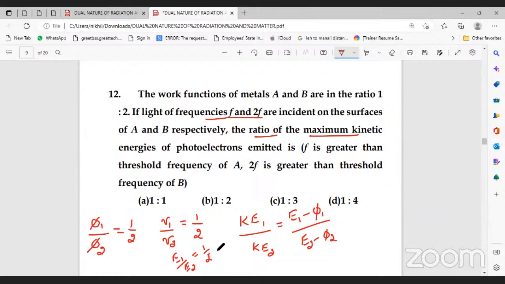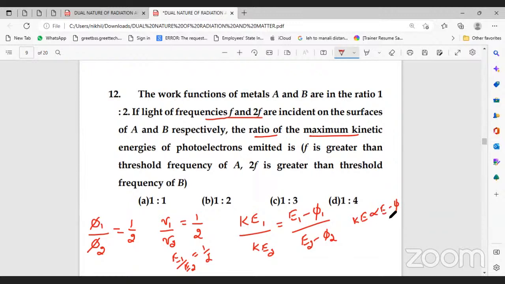So how can you go with this? Even energy becomes half, work function becomes half. Clearly, these two equations tell that kinetic energy is directly proportional to energy minus the work function.